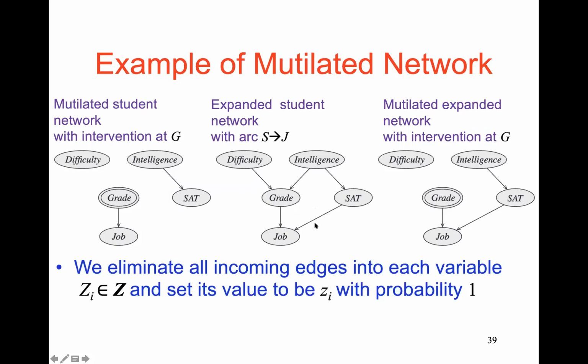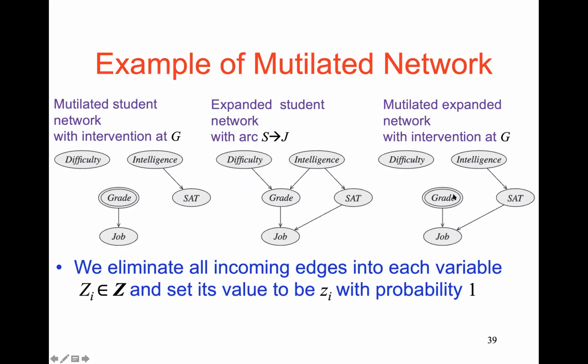So you see what is happening here: this is the expanded network, and this is the mutilated network. The point is that when you mutilate a network, there are no arrows coming from difficulty and intelligence to grade. Grade is set to a certain value, indicated by the double circle here. These are all the same.